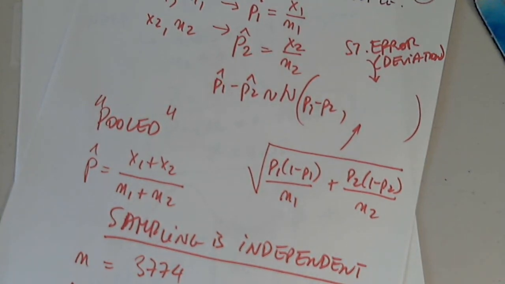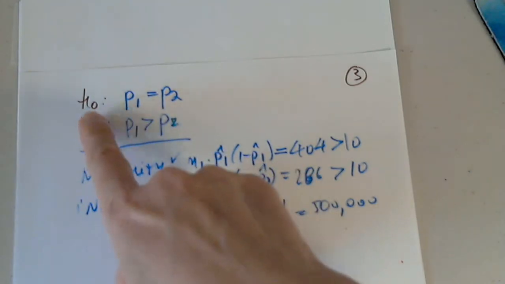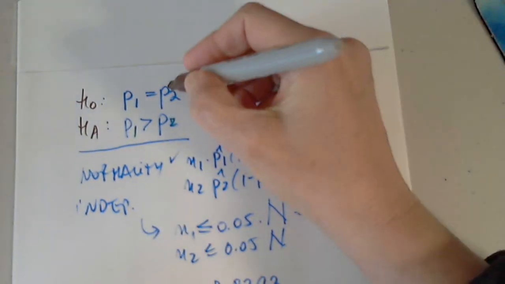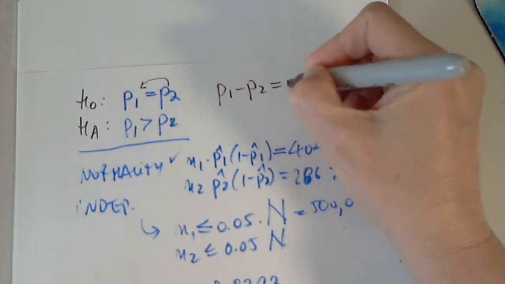Okay, let me stop sharing for a second to explain what StatCrunch is doing. StatCrunch shows this null hypothesis like this, which is perfect.